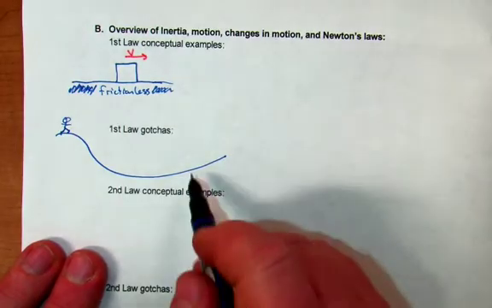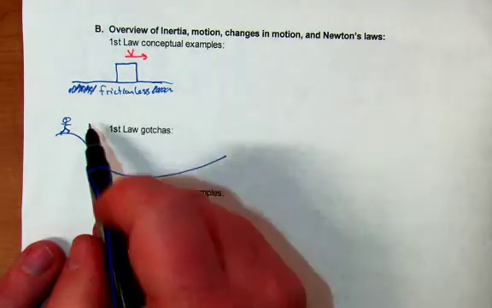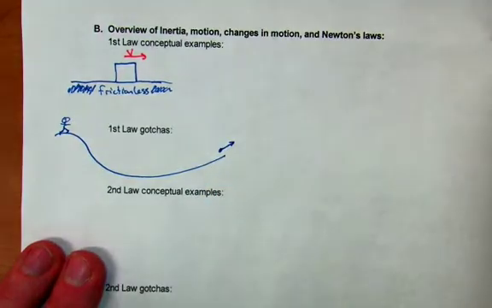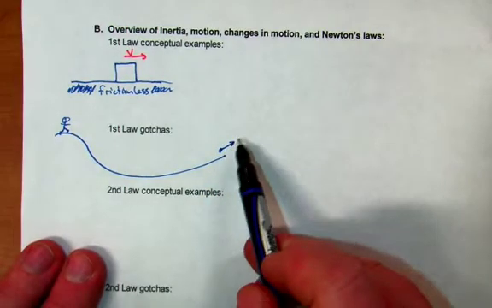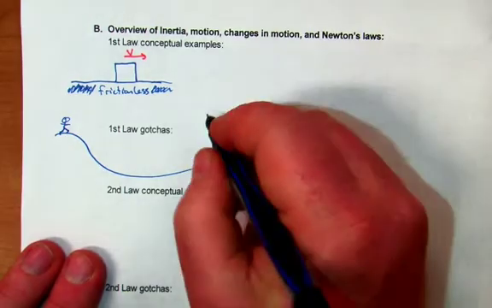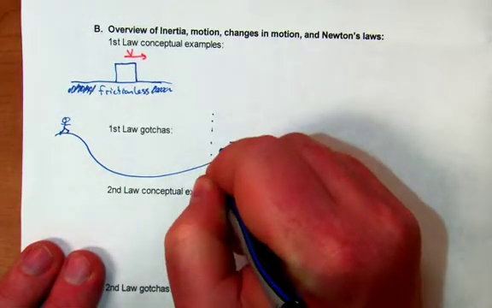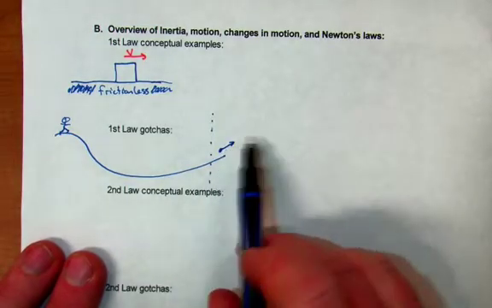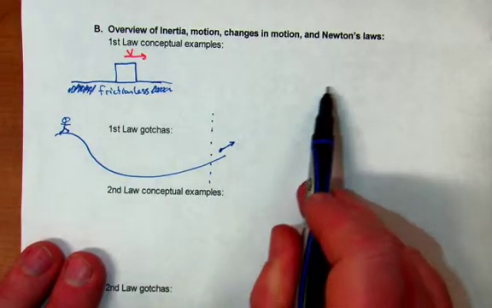Well, you could make up some crazy stuff with this, but you might think he would come off of it going in a straight line. And if for some reason this dotted line represented a magical boundary where once you crossed it there was no gravity, you would keep going in a straight line until some force acted on you.